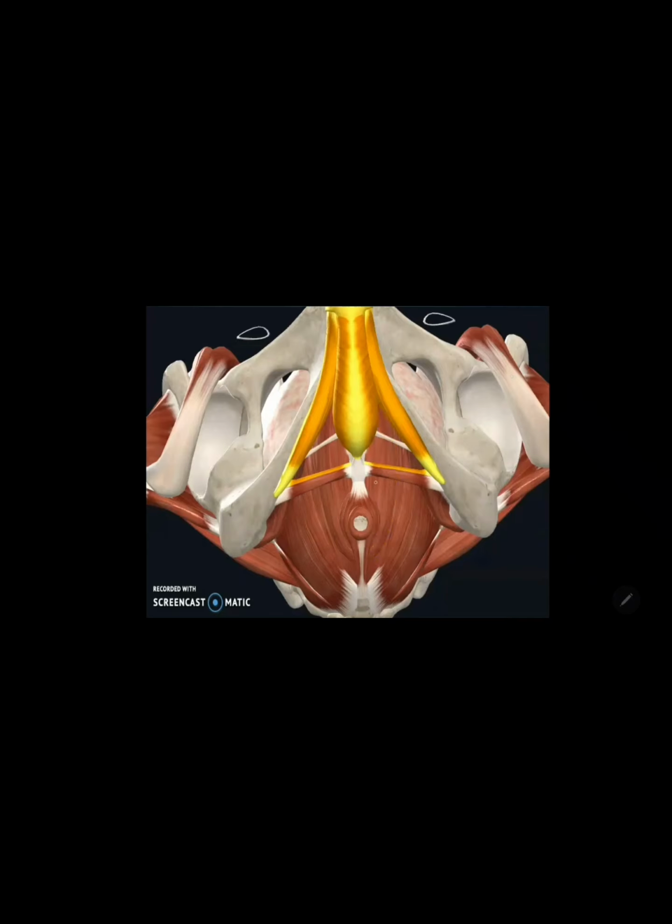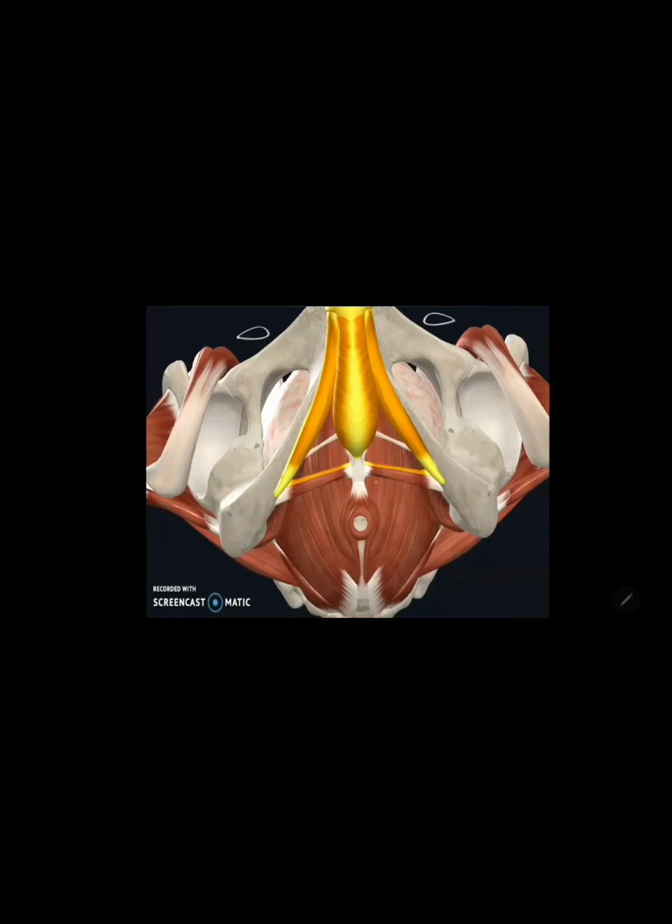And here you can see the pubococcygeus part, and this is the puboanalis or puborectalis. It forms a sling around the anorectal junction, forming the anorectal ring. So this muscle, puborectalis, forms the sling here, forming the anorectal ring, maintaining the continence of the anal canal.